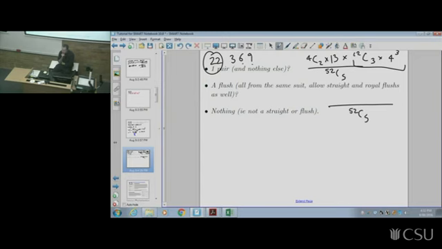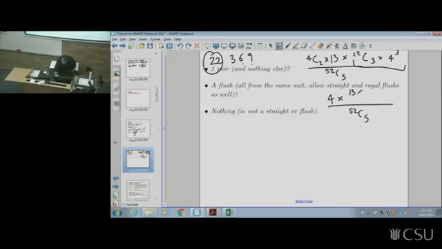So how many different flushes can you have? How would you think about it? You've got to pick the suit. There's 4 different suits to pick from, so 4 choices for the suit. Now you've got to pick the numbers. How many numbers? 5. So you've got 13 different numbers to pick from, choose 5.